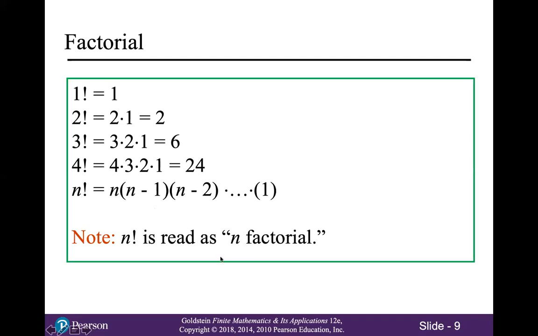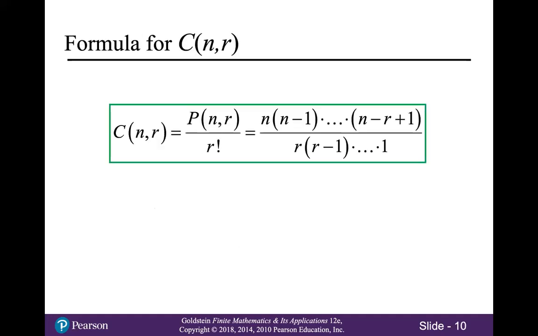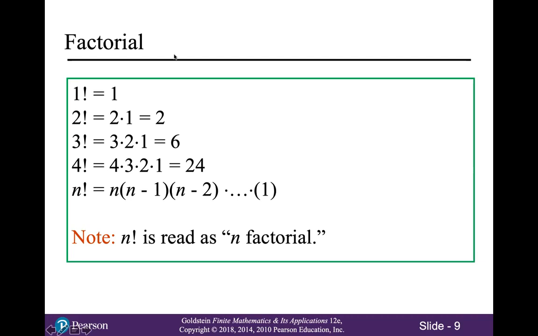Now, there's one important thing that I don't see mentioned here, and I think I had better mention it now because it very well could come up soon. We need to have a way to calculate 0 factorial. The way that I just described, start with that number and multiply by every smaller number until you get to 1, doesn't work with 0 because 0 is already less than 1.